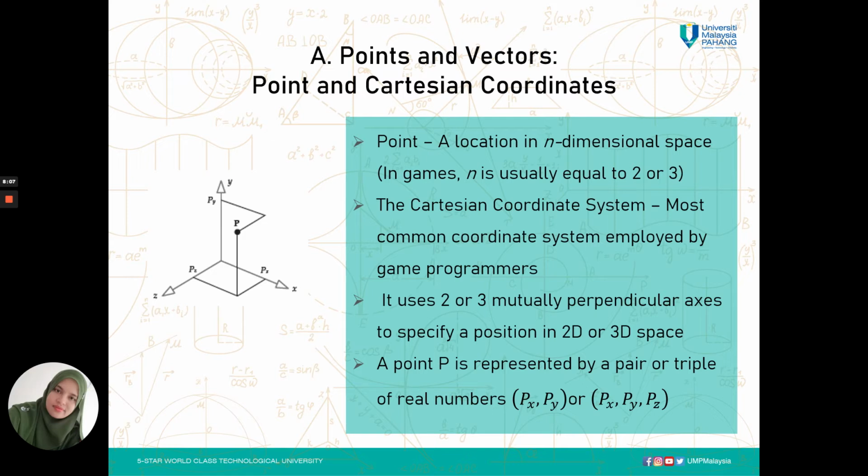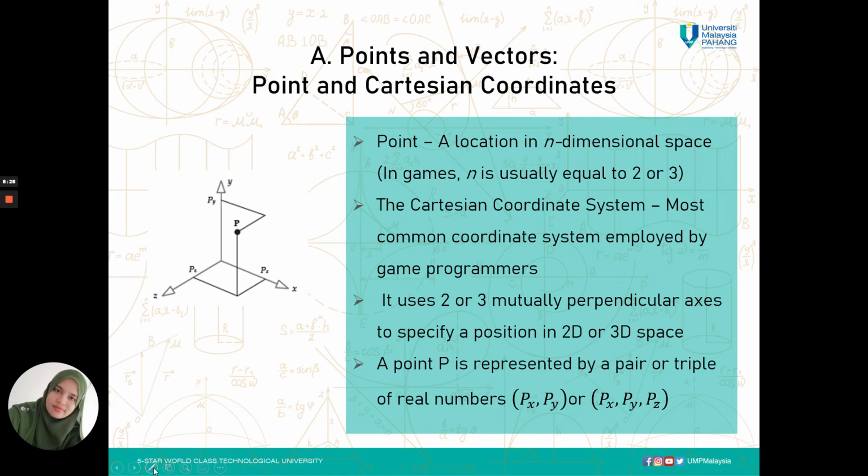Okay, I believe everyone already knows what a point is because you already worked with 2D. It's not that far different from 2D. In fact, the points in a 3D dimension encompass x, y, z.